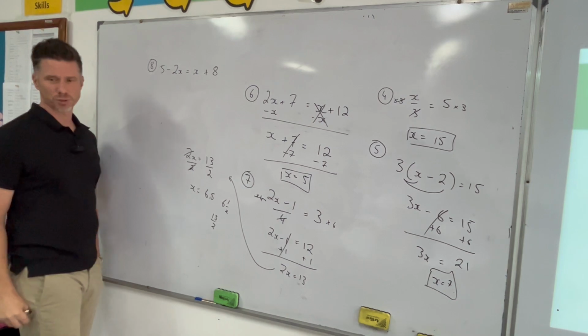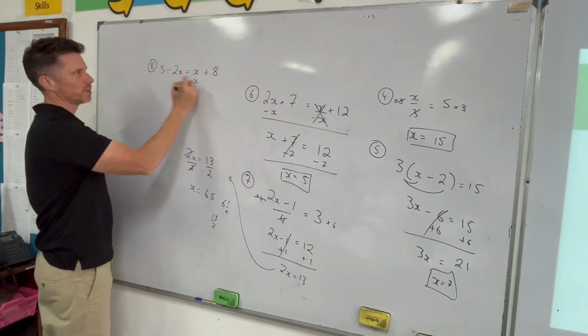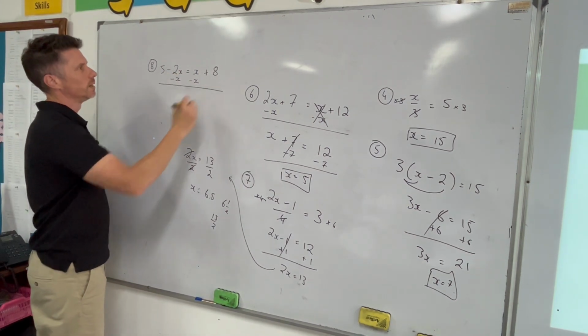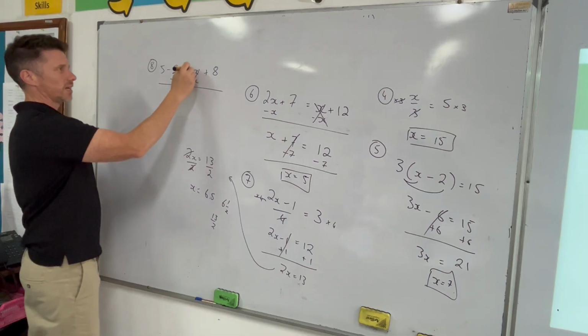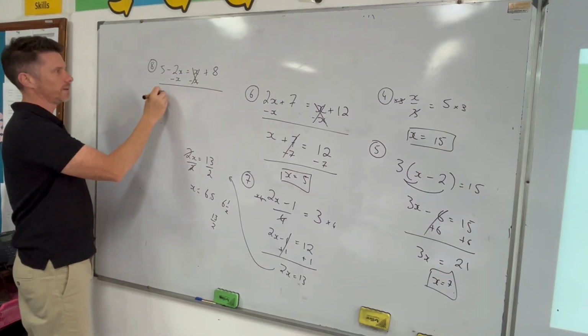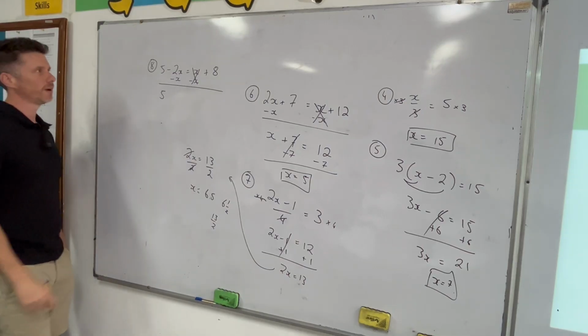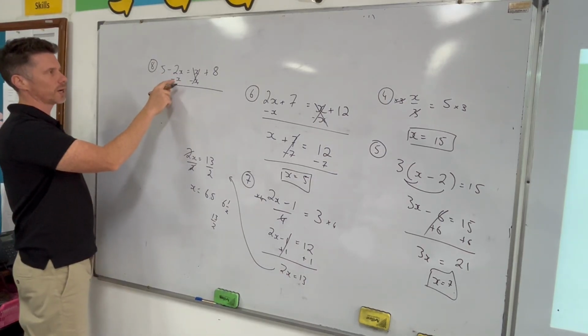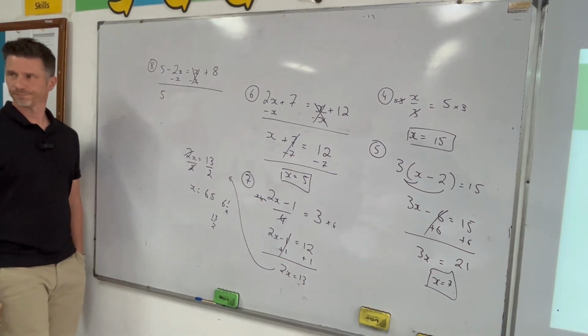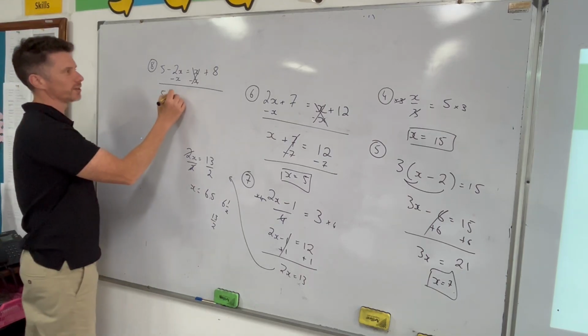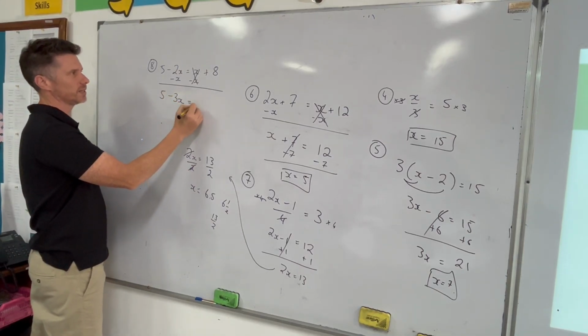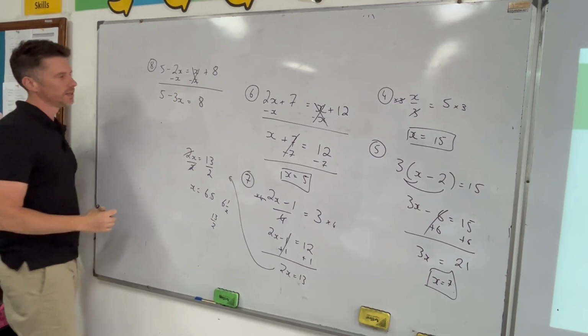But I presume most of us subtracted x from both sides, which is okay. What happens here, this x goes away. I have 5. What goes here? No. 5 minus 2x, subtract an x. Negative 3x, yeah. Negative 3x is equal to 8.